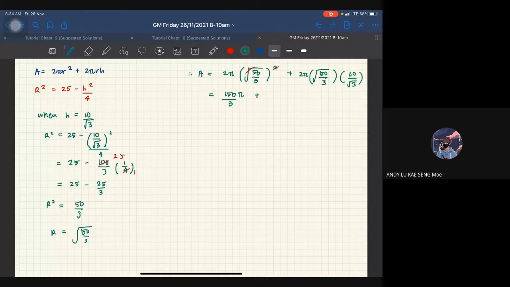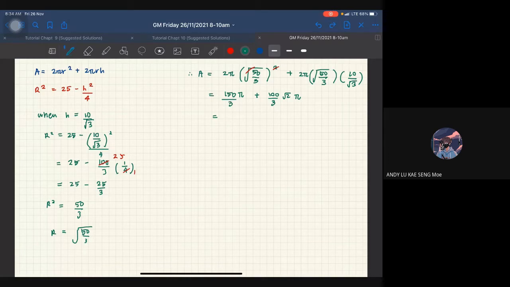This one saya dapat tekan calculator. Okay, and then bila tambahkan, saya nak tekan calculator nak dapat point. So 150 over 3, and then plus with 100 over 3 times with cert 2.